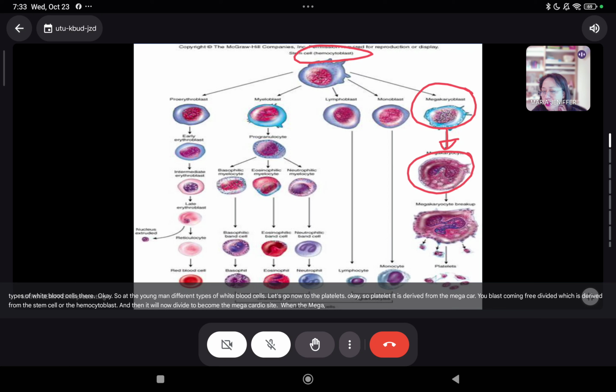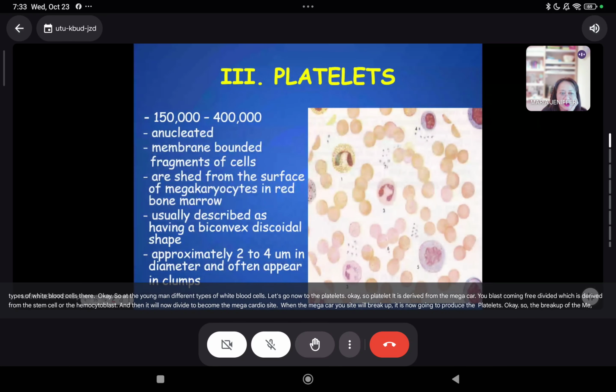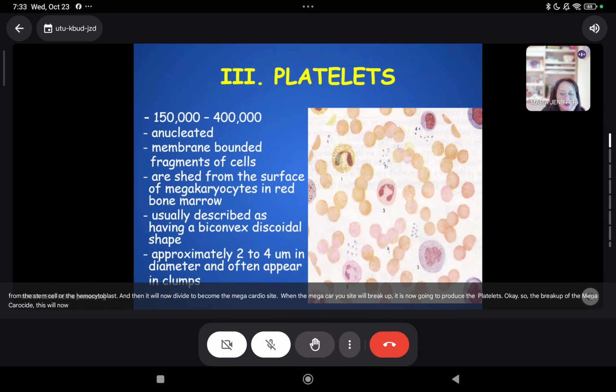When the megakaryocyte will break up, it is now going to produce the platelets. Okay? So the normal level of platelets in the blood is between 150 to 400.